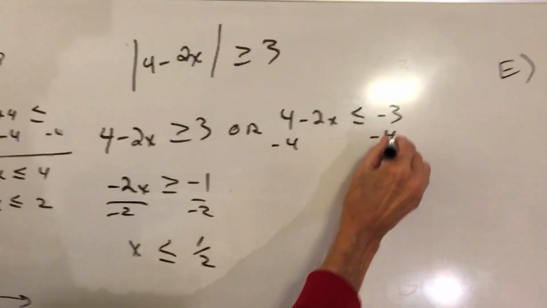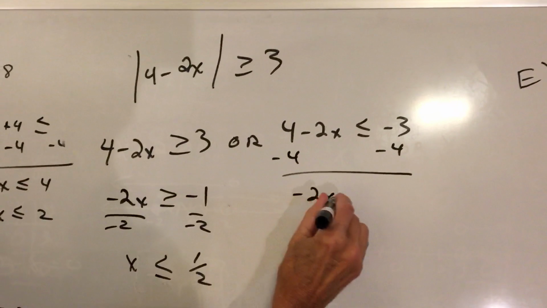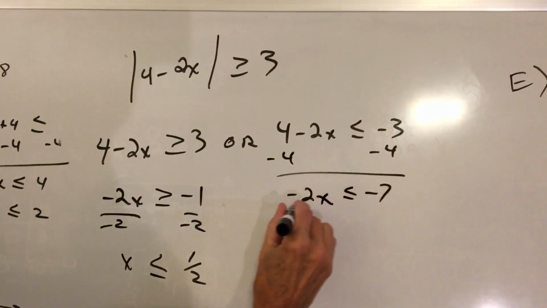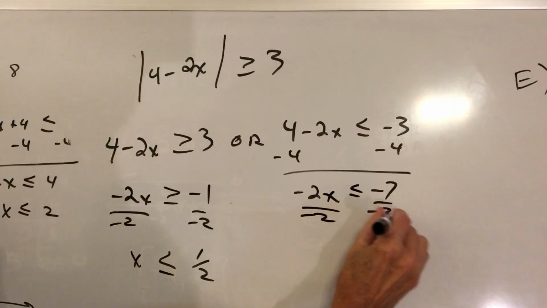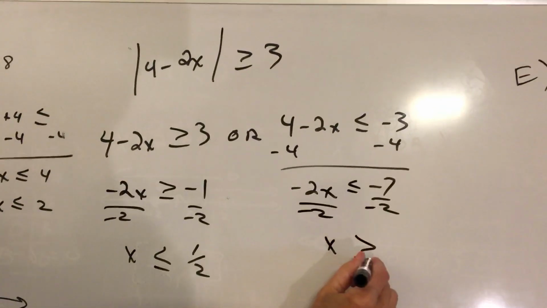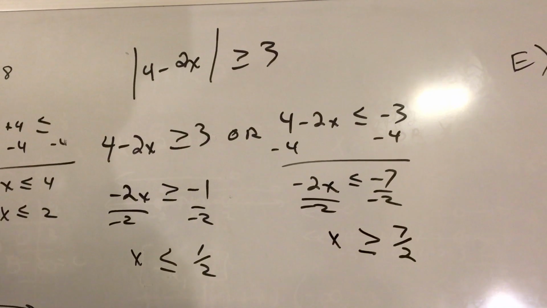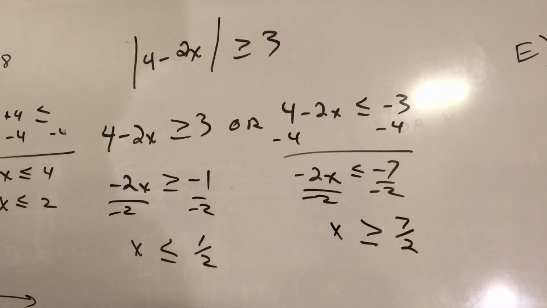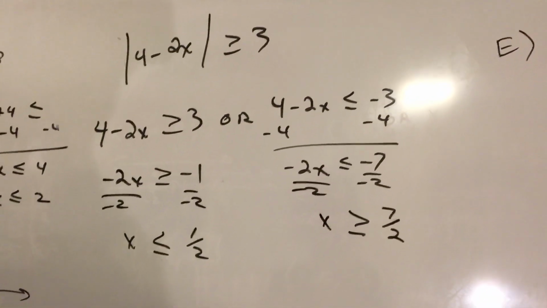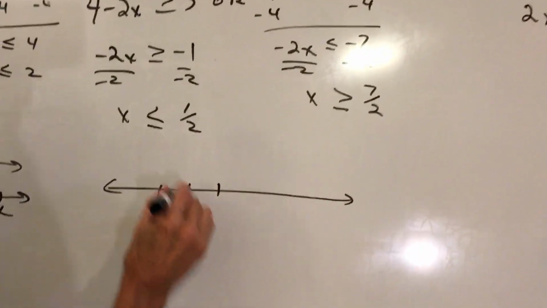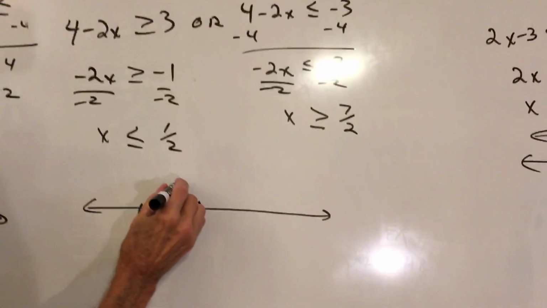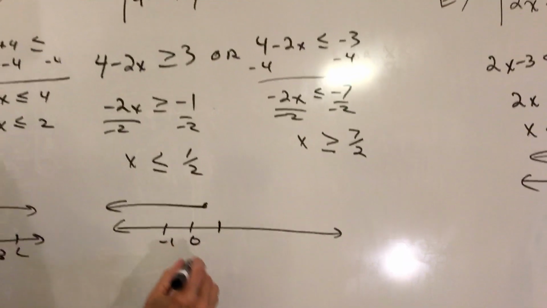Here subtract 4, divide by -2, change the inequality. So now we have less than or equal to 1/2, that's that.